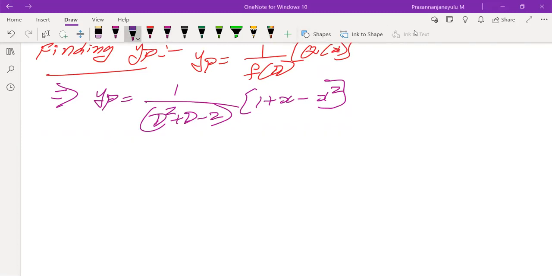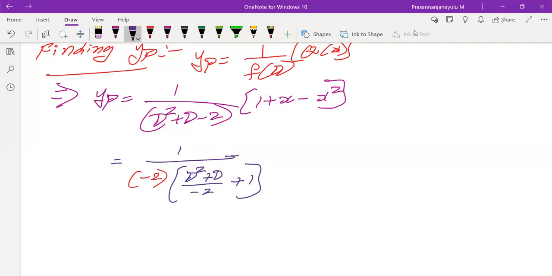So minus 2 we are taking common, and the denominator part will be (D square plus D) by minus 2 plus 1, of 1 plus x minus x square.